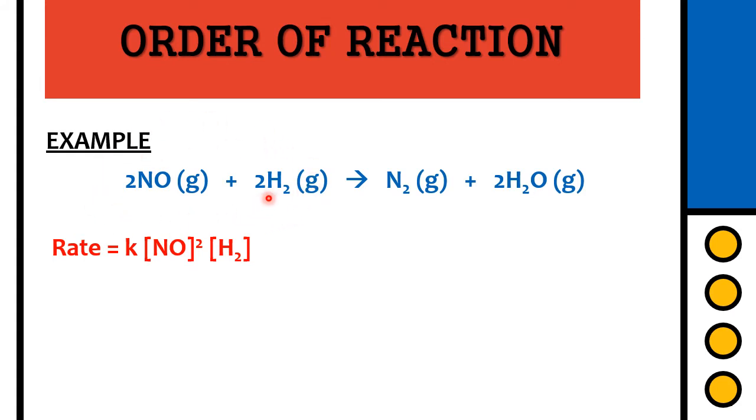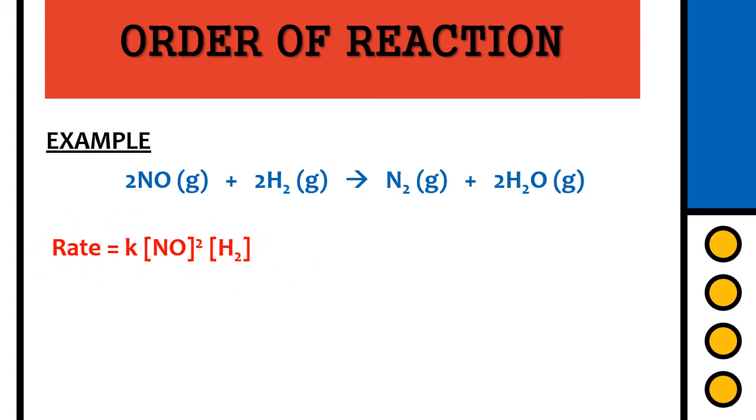Like I mentioned before, this is because the stoichiometry of our balanced chemical equation does not influence our rate law. You need to make sure that when writing down the rate law, you must write the word rate. This is the complete rate law.